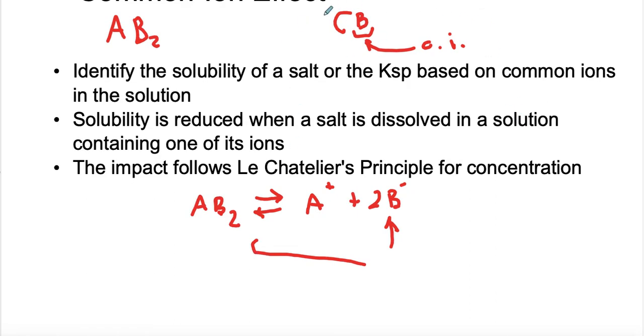So if we add some B's by adding the CB in here, and we shift it to the other side, that means that we are going to produce more solid and not as much is going to dissolve. So if we add B, that's the common ion in the CB, then it's going to shift it the other way.